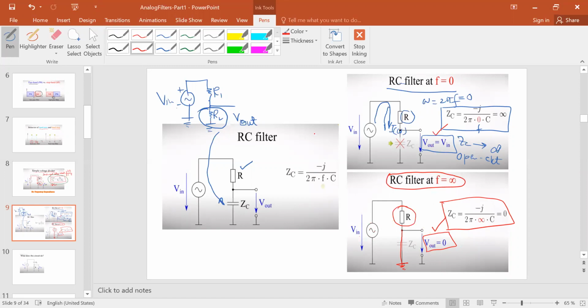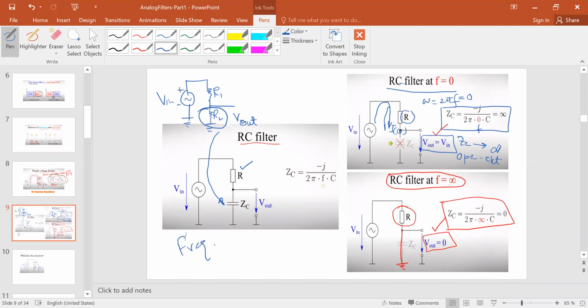So this is basically the moment you make an RC architecture instead of a common voltage divider, you will figure out that it becomes a frequency dependent circuit. So our circuit is frequency dependent.